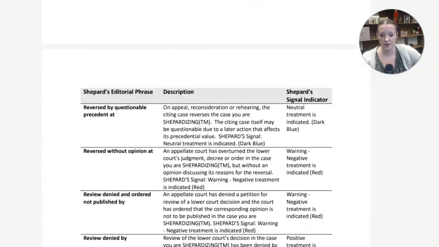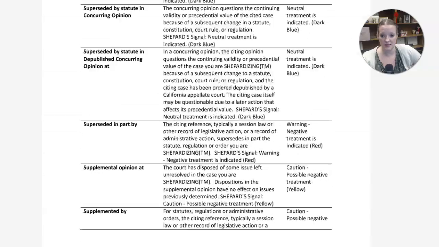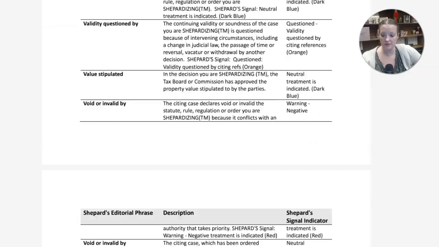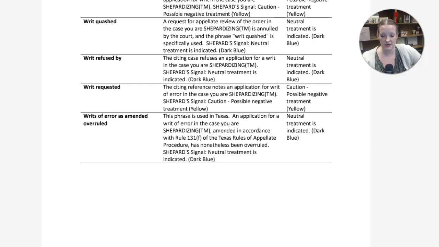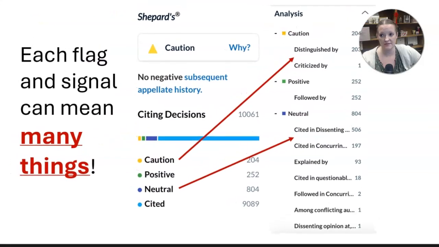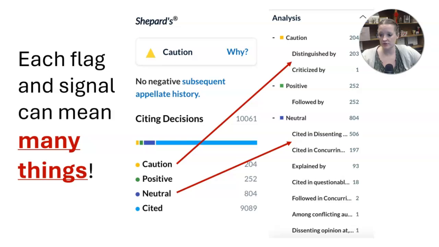Right? So you take the point that it is not as simple as simply looking at the yellow or blue or green signal and understanding how the case was treated. Hopefully that serves to highlight that this is much more complicated than just simply looking at that signal.